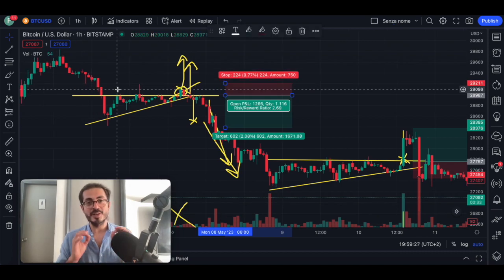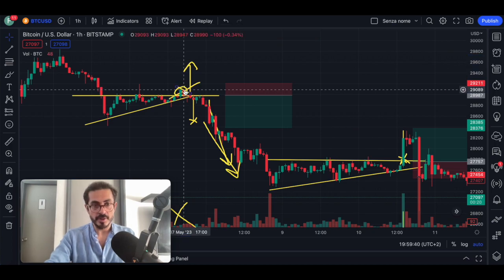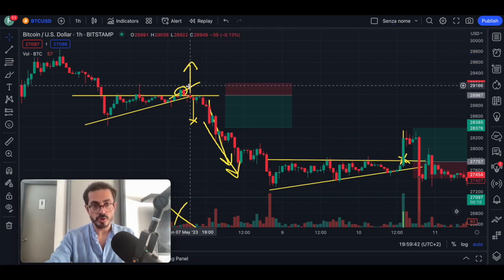And now guys, let me clean the chart a little bit, and I'm going to show you the 2+1 biggest mistakes that you should avoid while trading ascending triangles. The first one I think I already mentioned, and it's to trade a breakout with not enough volume.